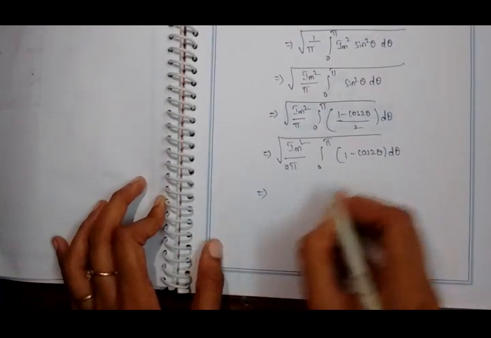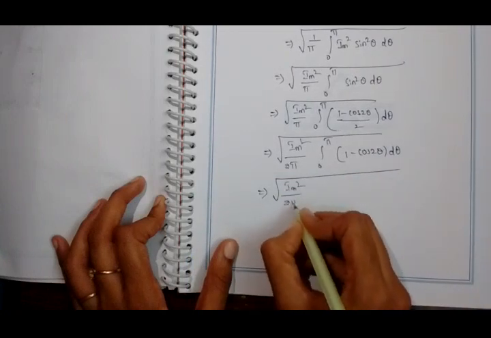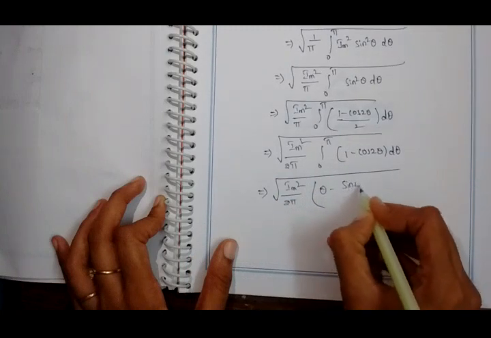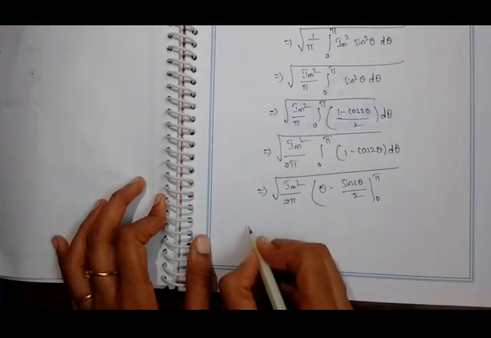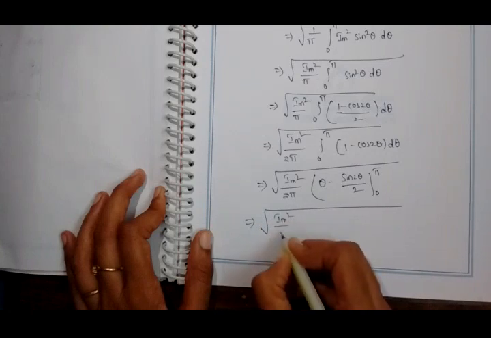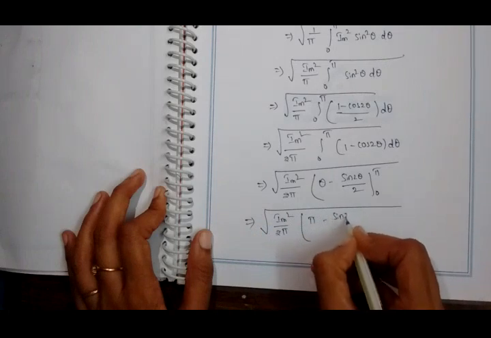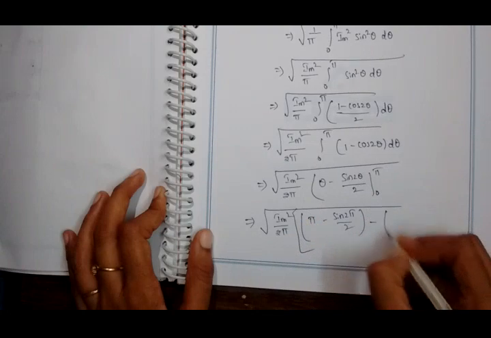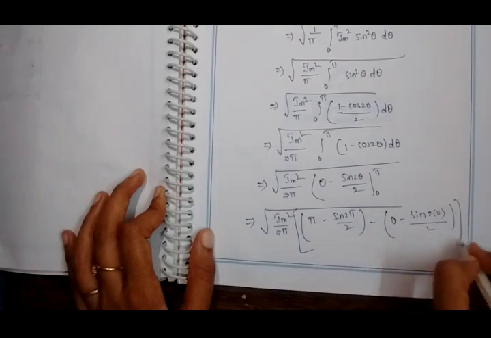Now just apply the integration. Im square by 2 pi, the integral of 1 is theta minus sin 2 theta by 2, and limits are 0 and pi. Now just apply the limits, then we will get Im square by 2 pi, pi minus sin 2 pi by 2, minus lower limit, 0 minus sin 2 into 0 by 2.